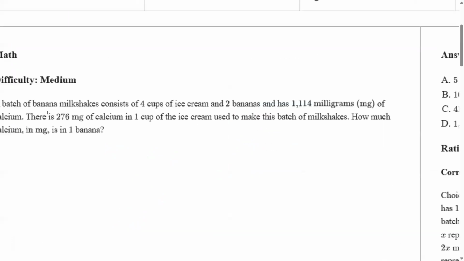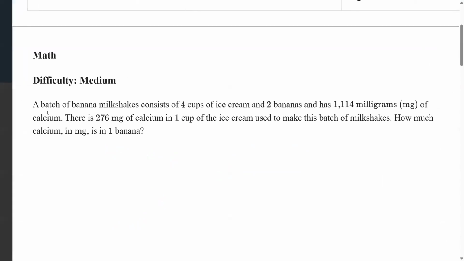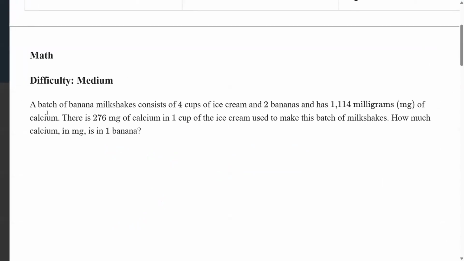A batch of banana milkshakes consists of 4 cups of ice cream and 2 bananas and has this amount of milligrams of calcium. There is 276 milligrams of calcium in 1 cup of the ice cream used to make this batch of milkshakes. How much calcium in milligrams is in 1 banana?